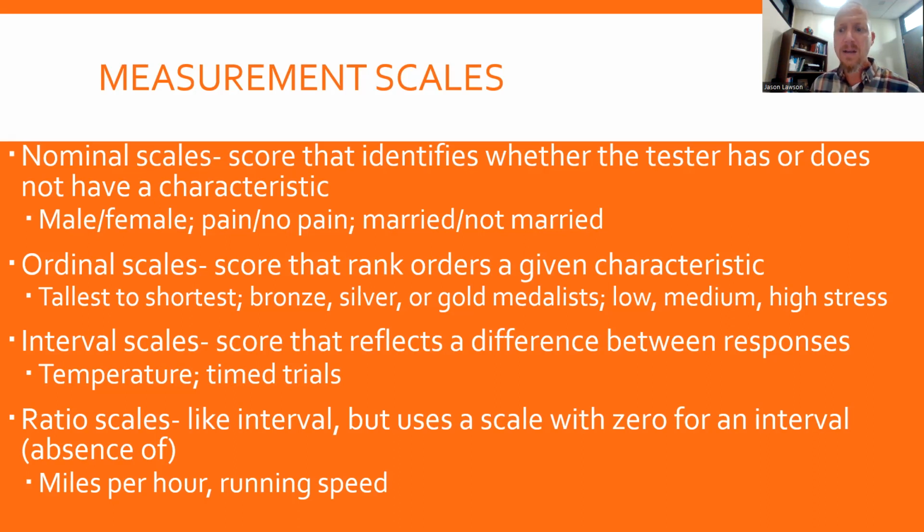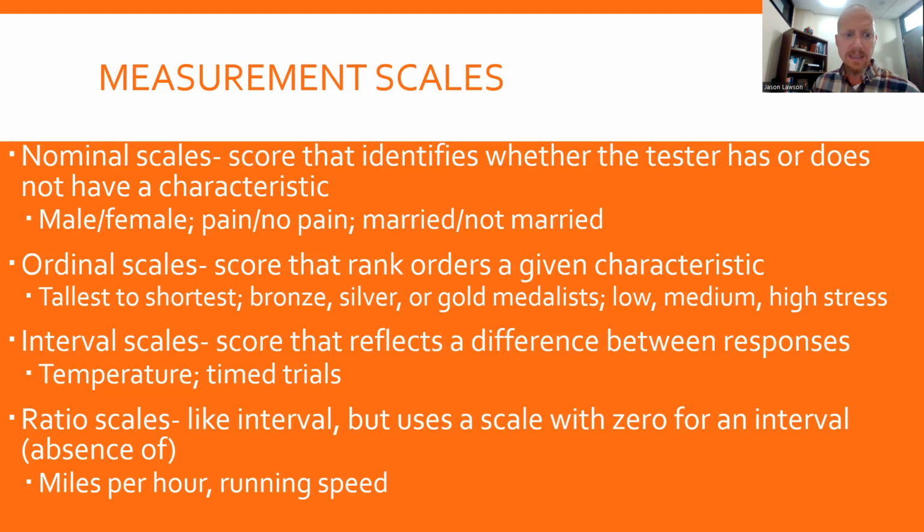Interval scales usually give a score that reflects a difference between the responses. An interval scale might be taking our patient's temperature, or doing four 30-second timed trials, where each score is taken every 30 seconds, and so there should be a difference between those responses.